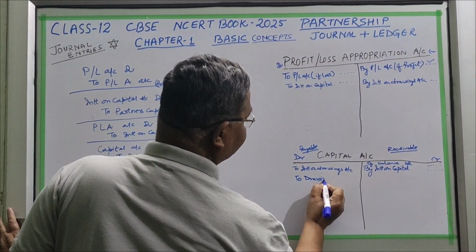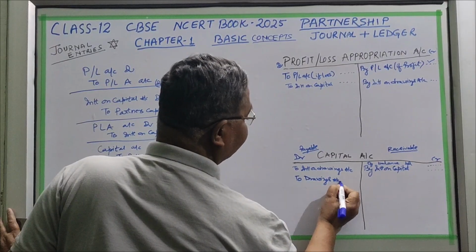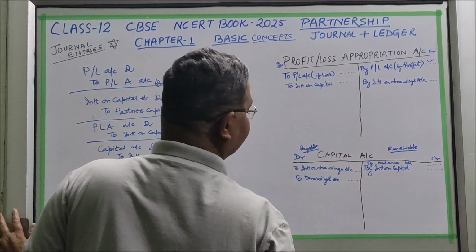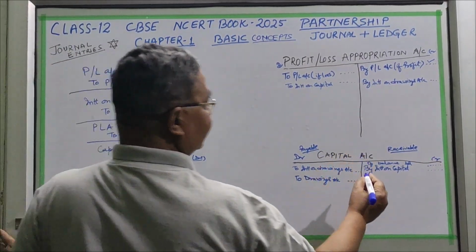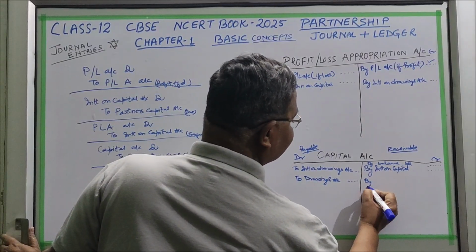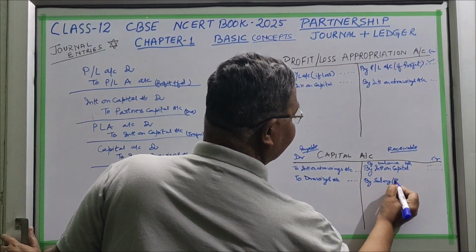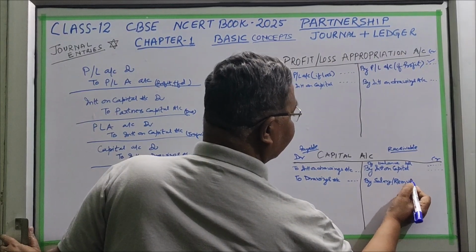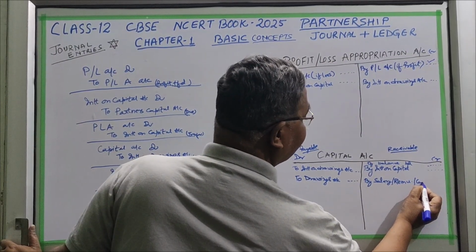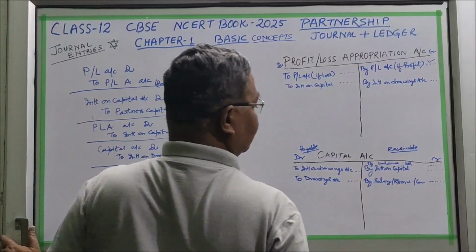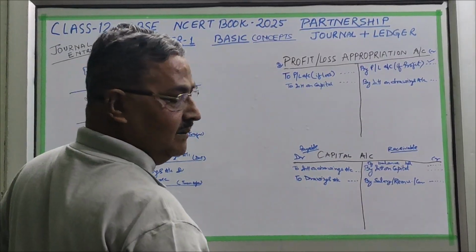Whatever drawings partners make, that is also recoverable here. Drawings we recover. Then partner is eligible for various types of salary, remuneration, commission. So these are payable to partners if it is in the partnership deed.